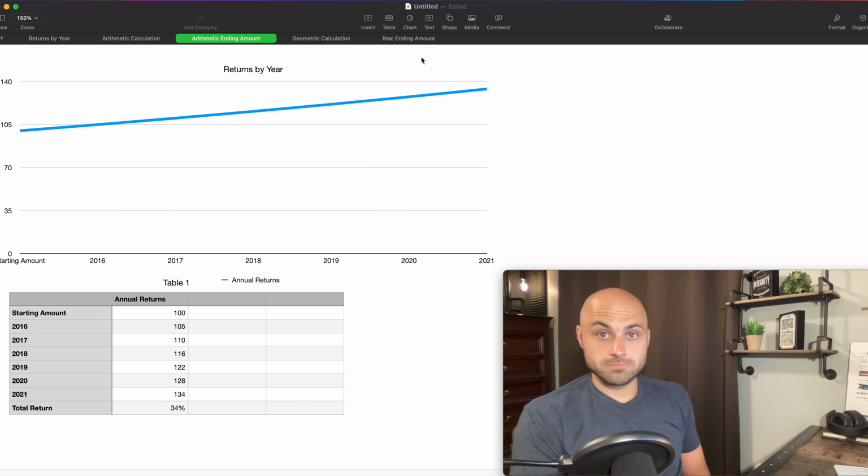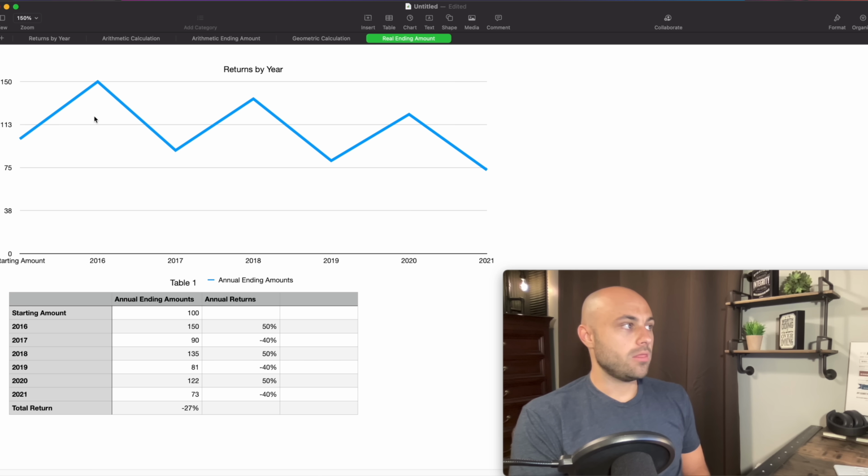Here's the problem. With those returns, 50 up, 40 down, 50 up, 40 down, this is what it actually looks like. You go up the first year, down the second year, and you keep on doing that, and you end 27% lower than where you started. You end at 73% of your initial starting capital.